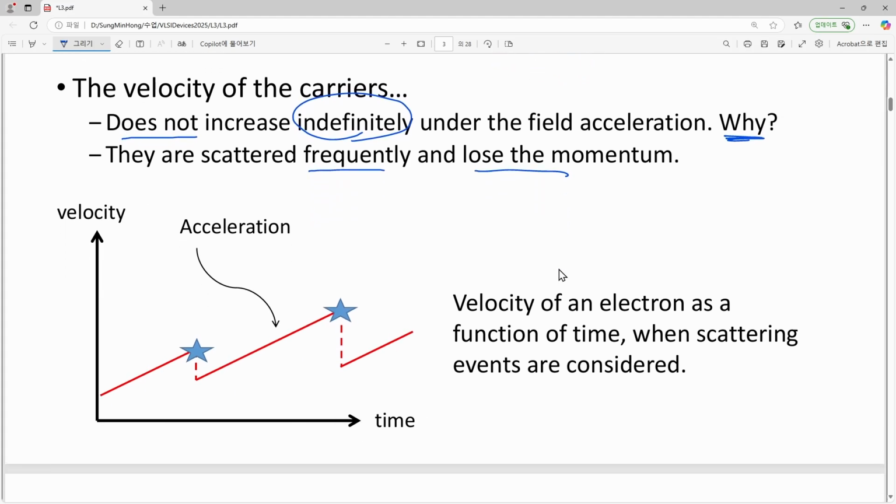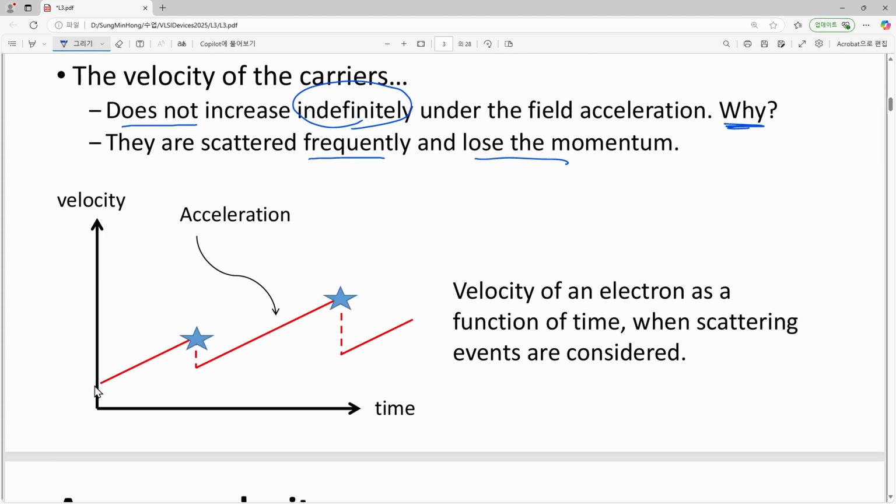So it's like this. Initially it has a certain velocity and it is accelerated. Okay, it is getting faster and faster. However, if a certain event called scattering occurs, then its velocity is usually reduced.